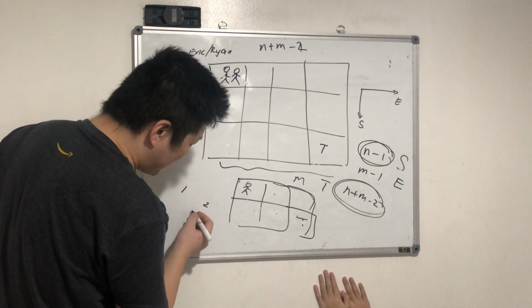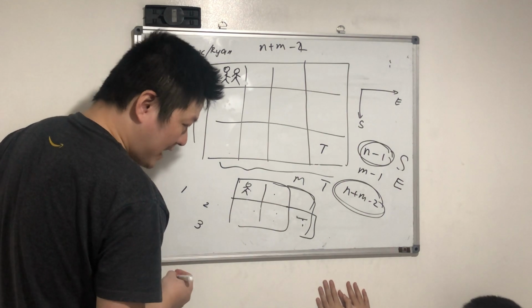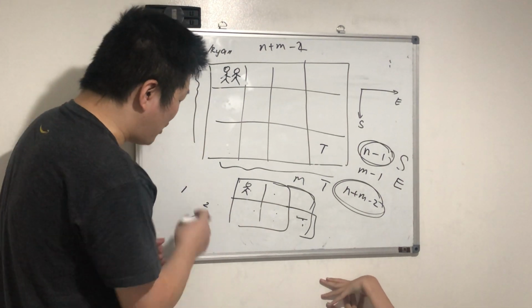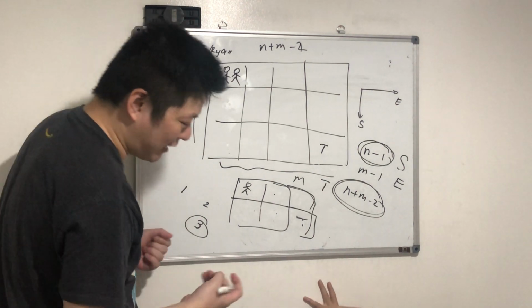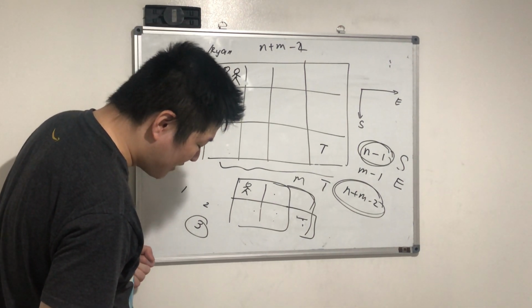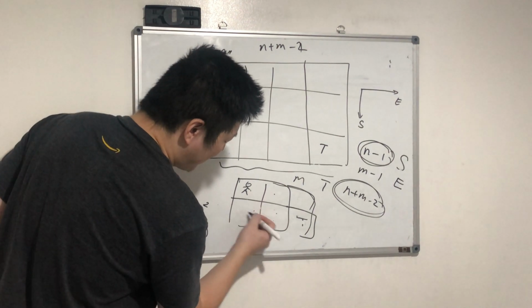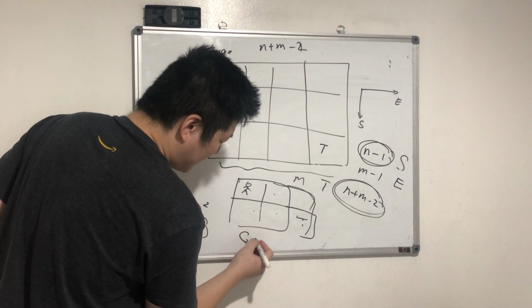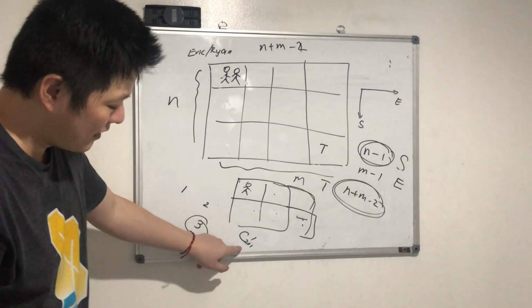So how many steps? 3 steps. From those 3 steps, I want to pick 1 step to the north. Then that's the number of ways. So how many ways of this is C, 2 plus 1, 1. Am I right?